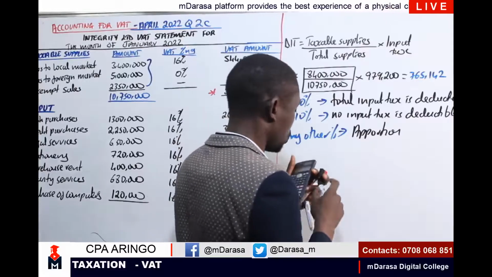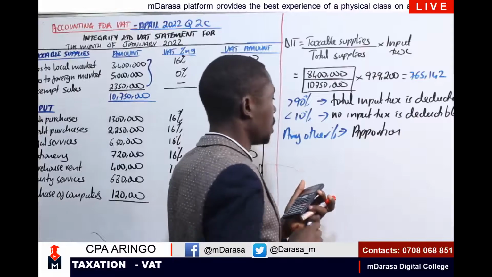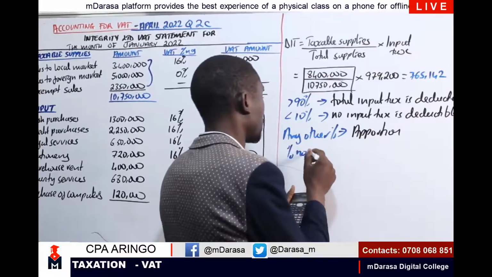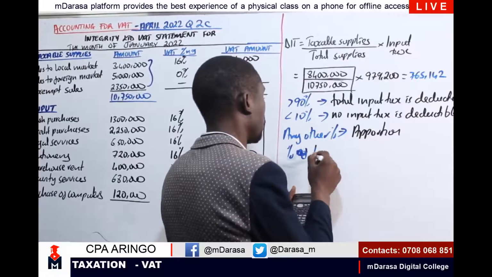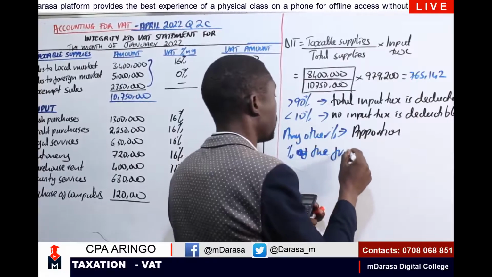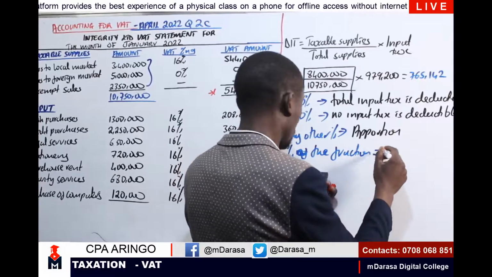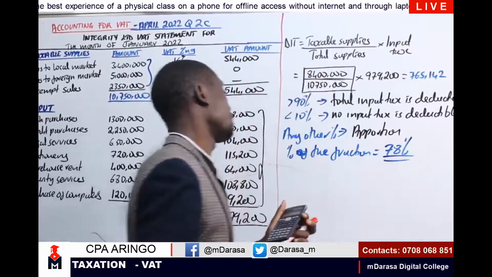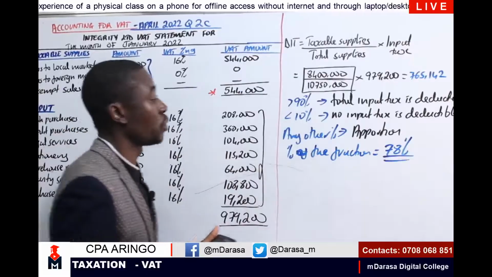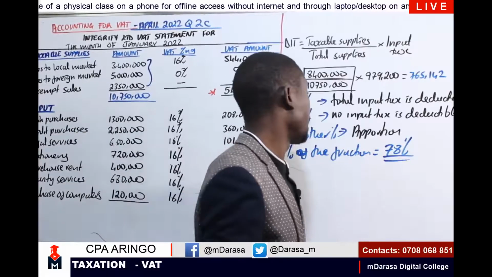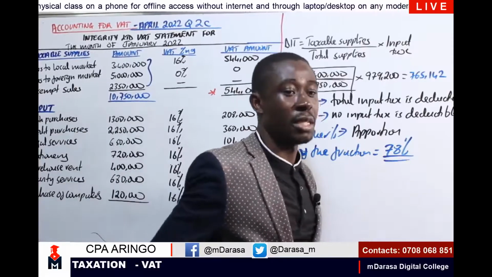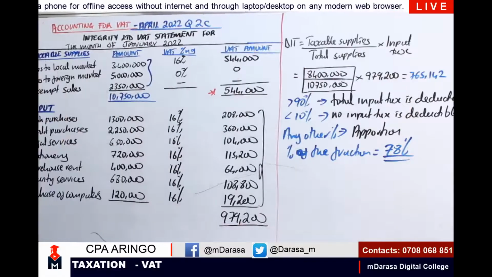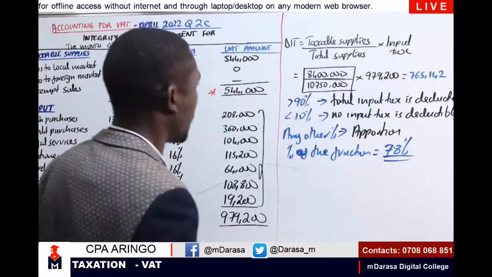Therefore, this percentage of ours is 78%, which is very key. So it falls under any other percentage. Therefore, I'll be required to deduct that deductible input tax, so we need to apportion as it is.